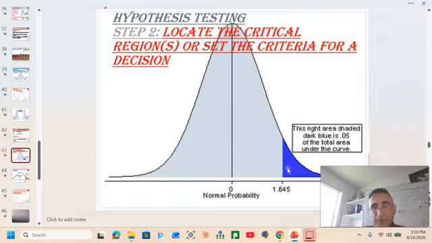So in percentage, probability will be 5%. That means there's a 5% chance that even if we reject a null, because it's research, we don't use everyone in the population. Even if we reject a null, it's not written in stone 100% that it is so.